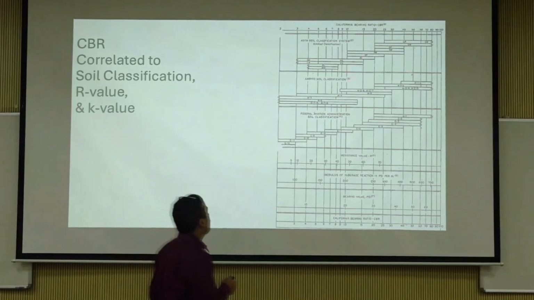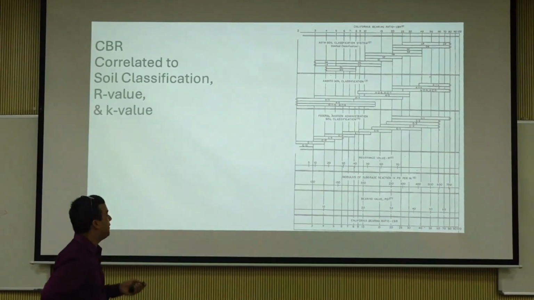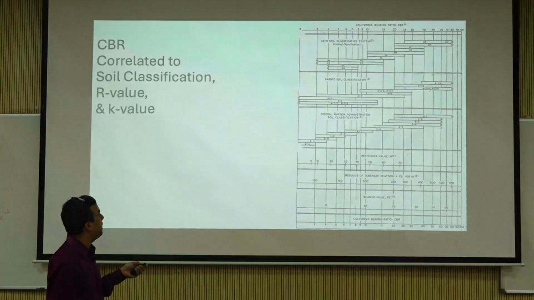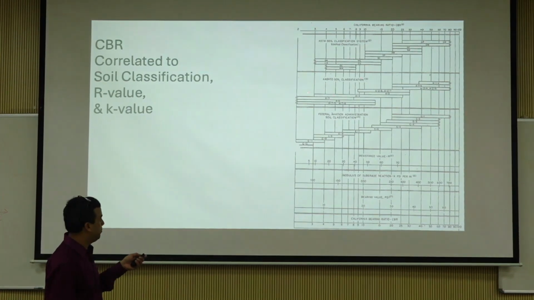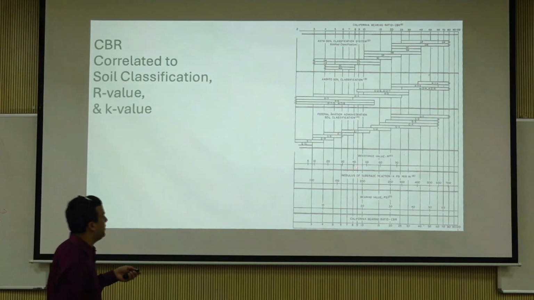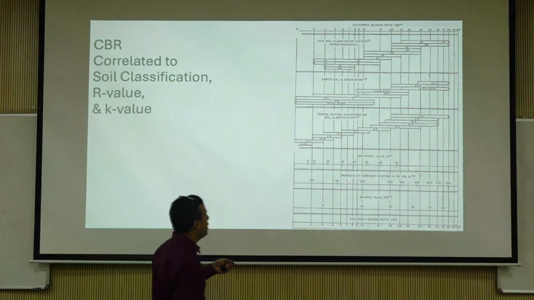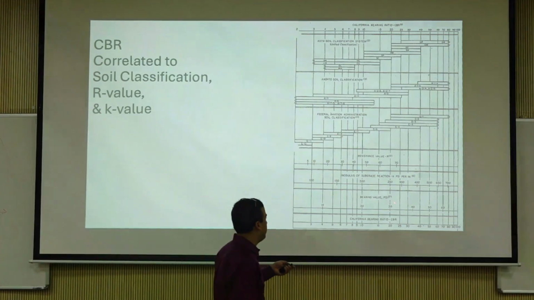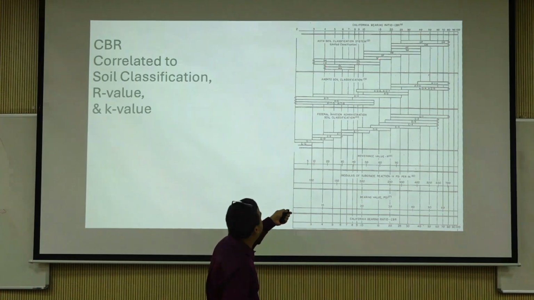You have a lot of correlations like this. You can have AASHTO correlations, ASTM, the USCS, the Federal Aviation Administration, the R value, modulus of subgrade reaction, bearing value. So CBR, you can actually have some ranges. But let's take something like an ML, look at the range of the ML here.